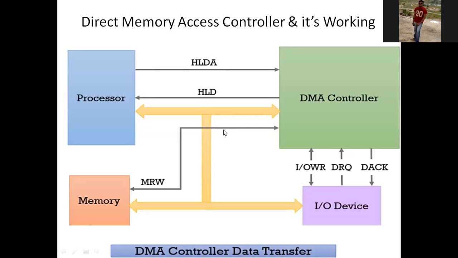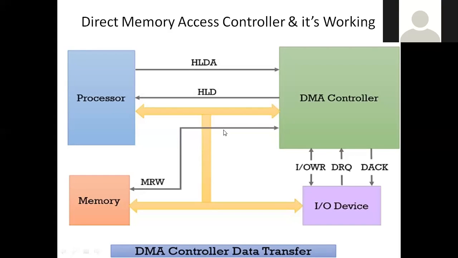Once the hold acknowledgement signal is issued to the DMA controller, it should tell the IO device, I got the permission from the processor, so you can transfer the data. To indicate that, it will issue DACK, that means DMA acknowledgement. Are you clear?